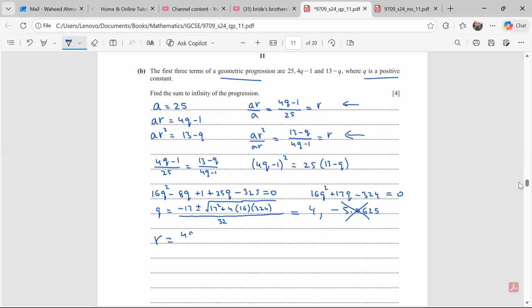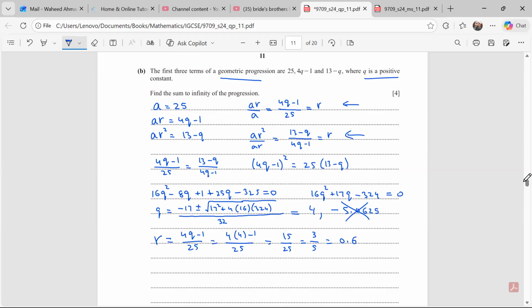So 4q minus 1 over 25. So 4 and q is again 4, minus 1 over 25. So this is 16 minus 1, 15 over 25. So it is 0.6.